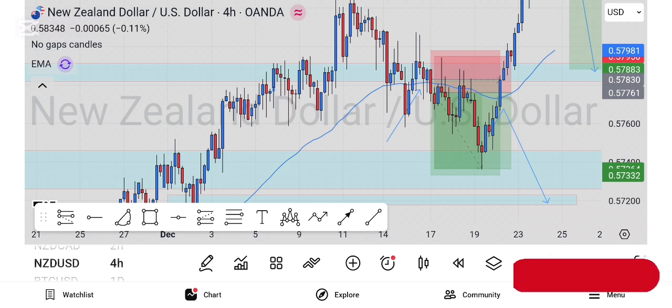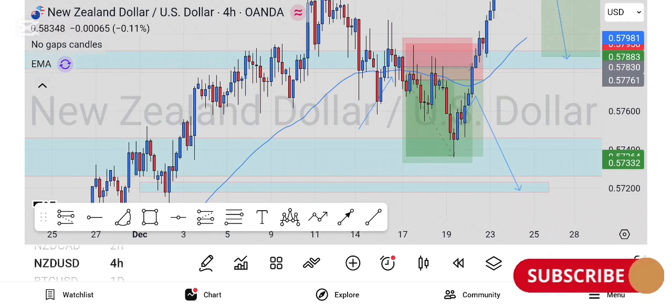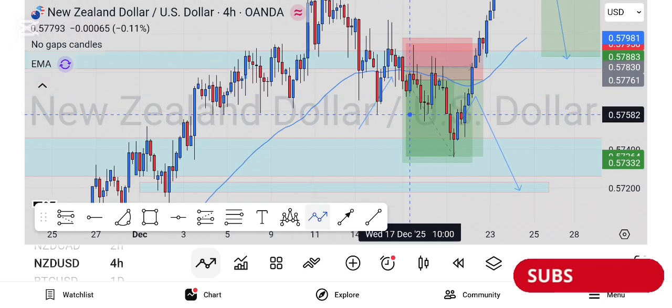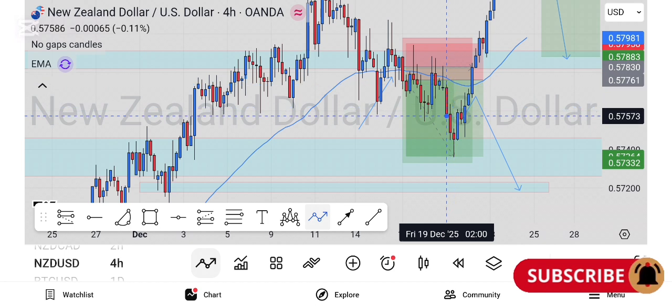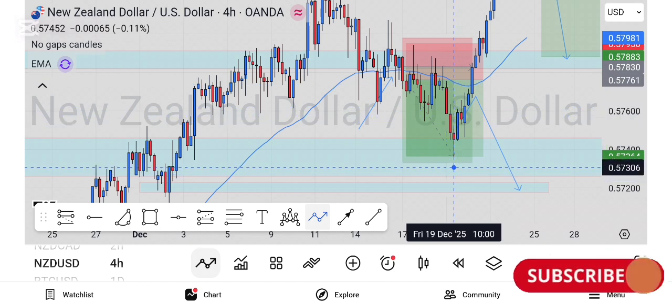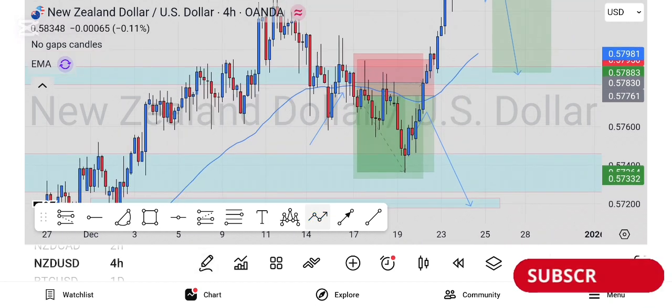We had the good break and the retest. We had the hammer rejection candlestick, a very clean trade, straight to take profit, but I lost this trade. And that is the most annoying part. I lost this trade. Why? Because my support was not correct.